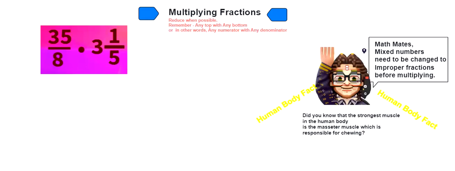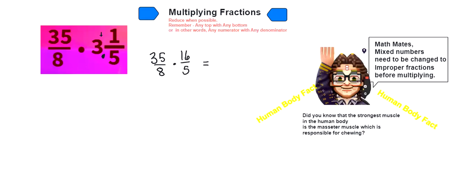So the first thing we're going to do is, as Emoji Betsy said, take the mixed number and make it into an improper fraction. And who remembers how to do that? Yes, it's 3 times 5, which is 15, plus 1. 15 plus 1 is 16 over 5.